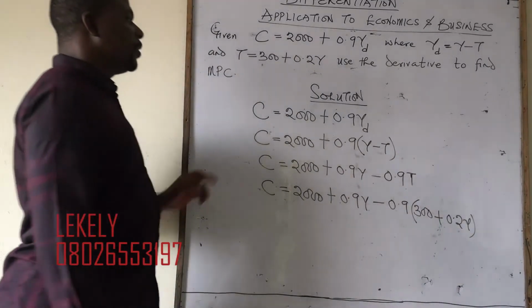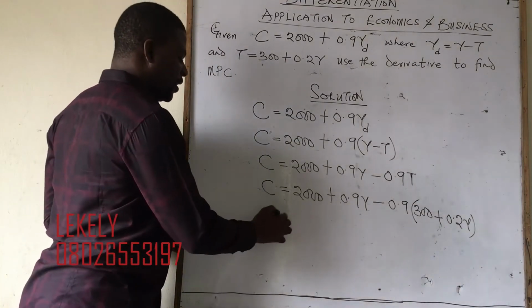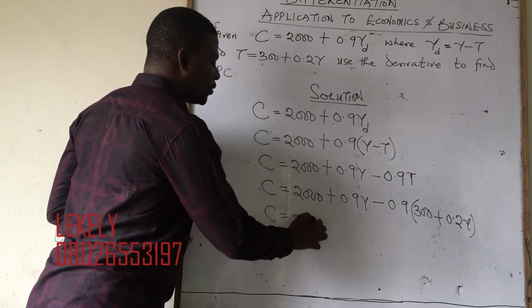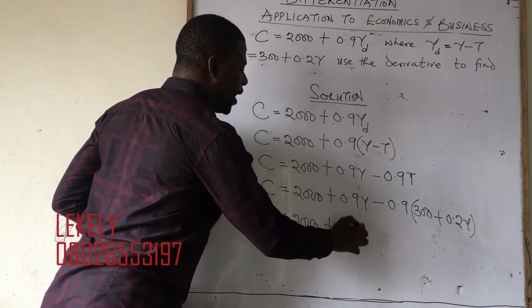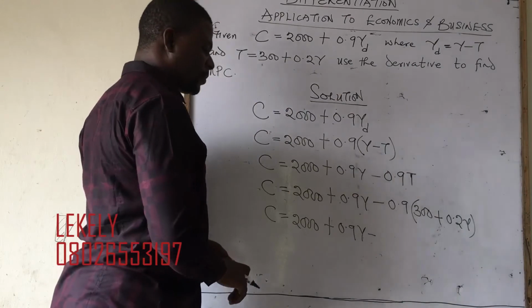So your C becomes 2000 plus 0.9Y minus 0.9 times 300.